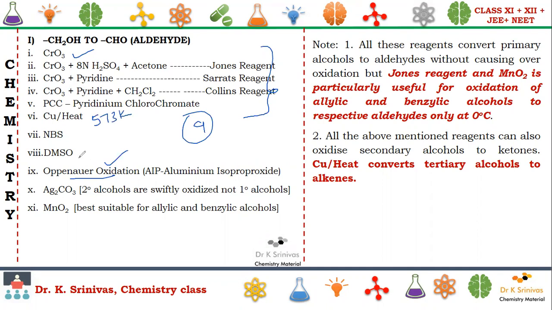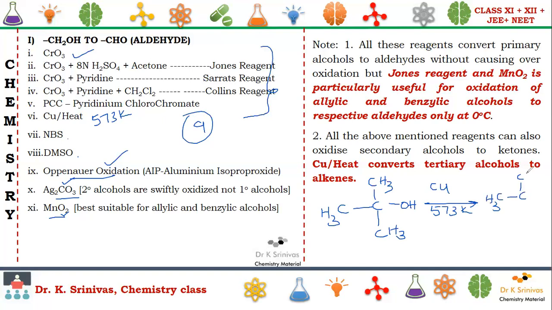Next, NBS, DMSO, all those. And we have discussed silver carbonate specifically and manganese dioxide. Here, one point you should know. Always we are stressing on primary and secondary alcohol. If you have a tertiary alcohol like this and we use copper at 573 Kelvin, then we are going to see alkene formation.